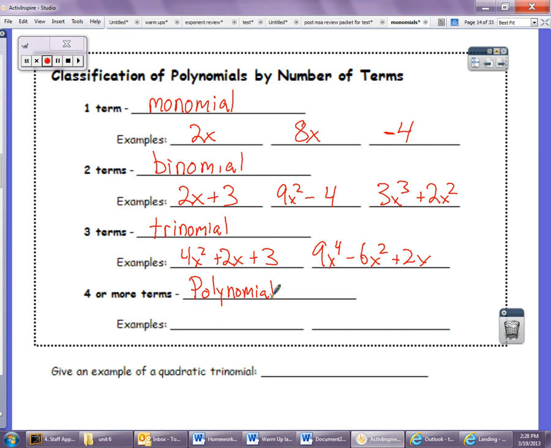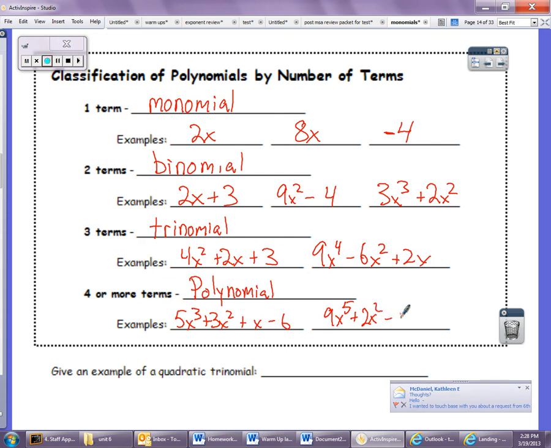So an example, it has to have 4 or more, so 5x to the third plus 3x squared plus x minus 6. That has 4 terms, it's called a polynomial. Or we can have 9x to the fifth plus 2x squared minus 4x plus 3.